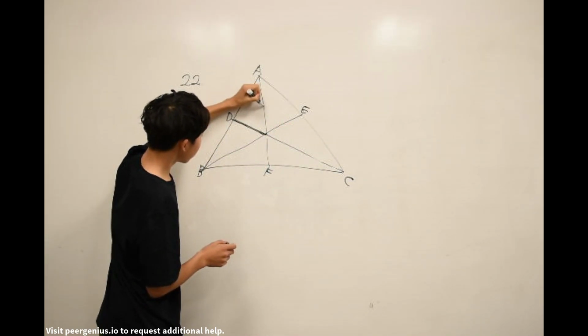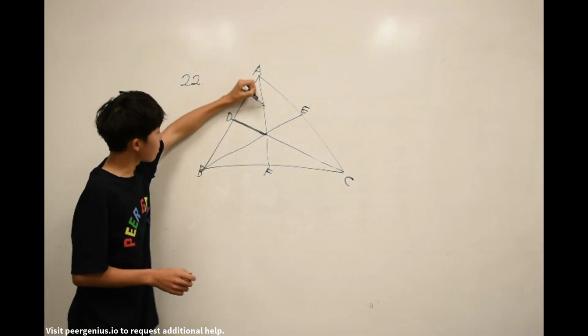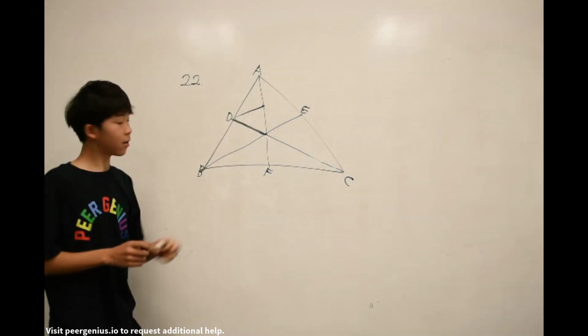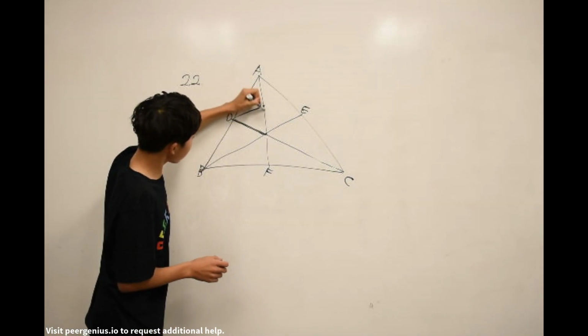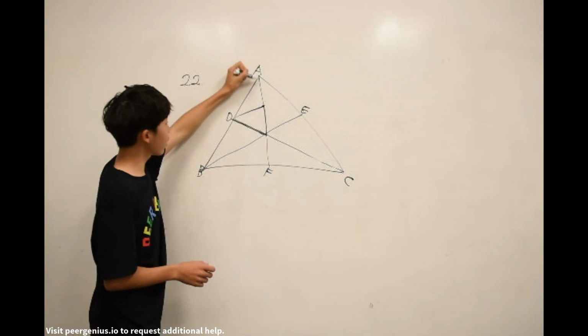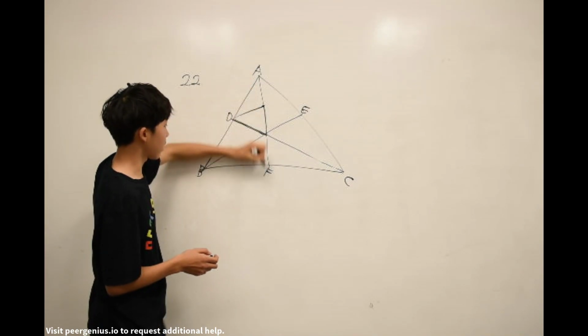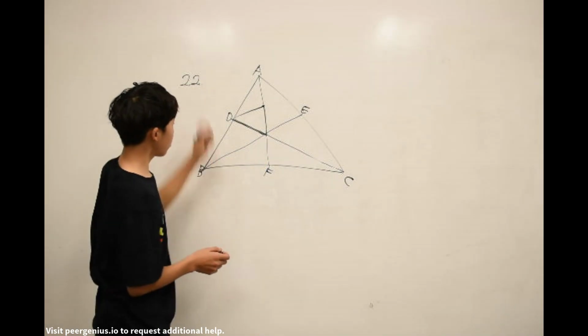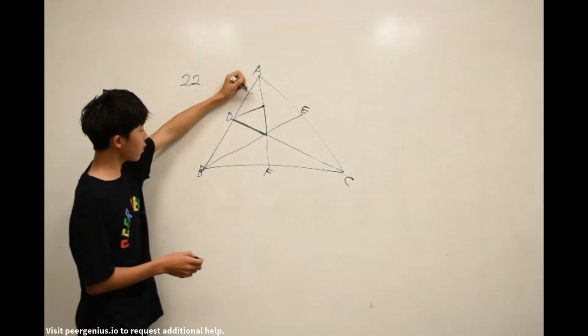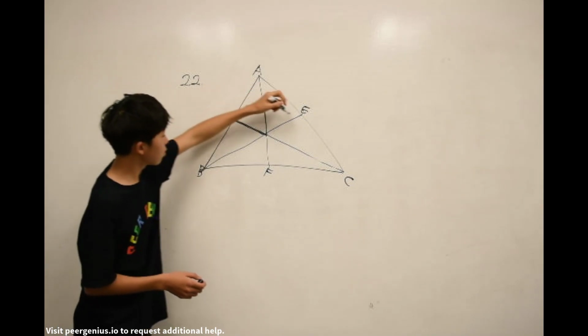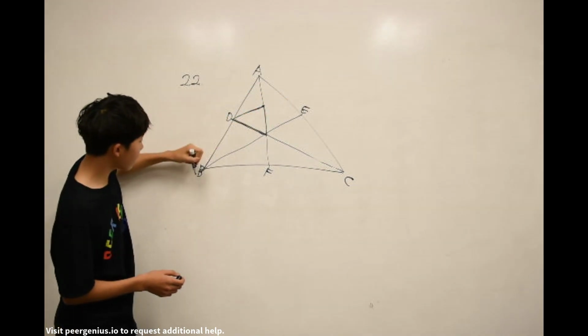If we make a midpoint right there and connect it like this, this side length is 1/3, which is also 1/3 of this side length.